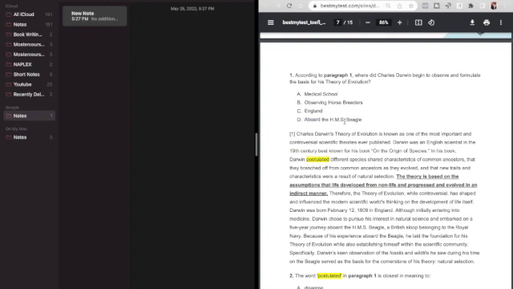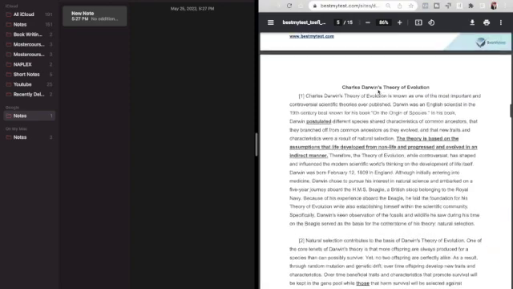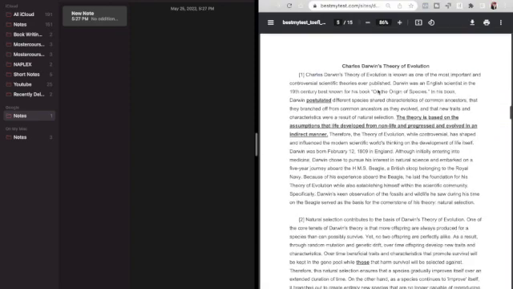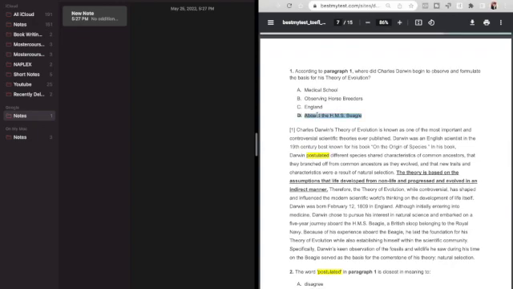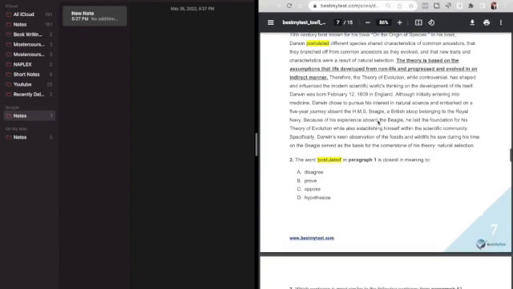Abroad the HMS Beagle, this is the closest in meaning to the answer that we had in our head, because in paragraph number 1, we just learned that he laid the foundation for his theory of evolution because of his experience abroad the Beagle. So the answer choice for question number 1 would be abroad the Beagle. There we go. Boom.